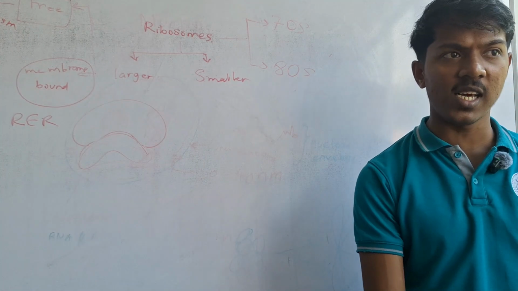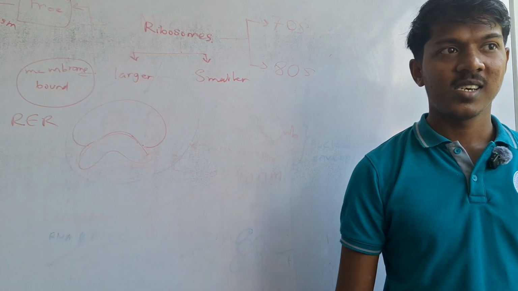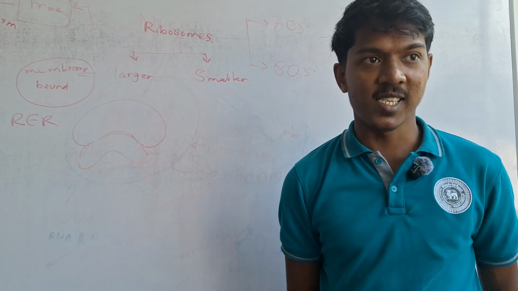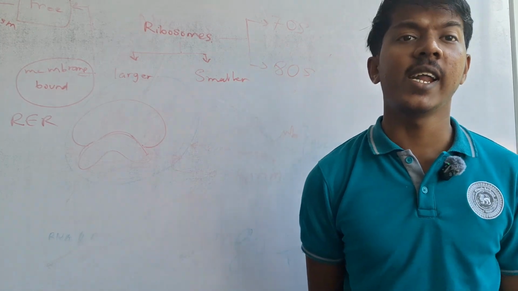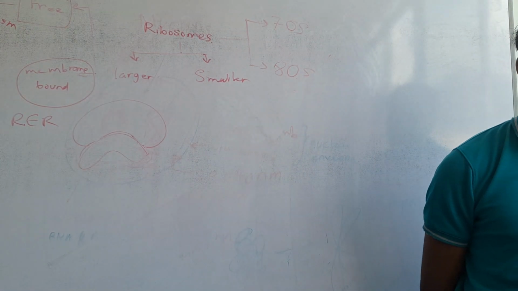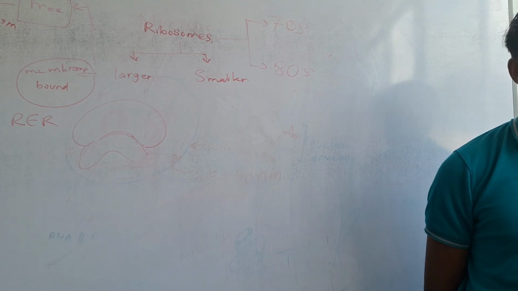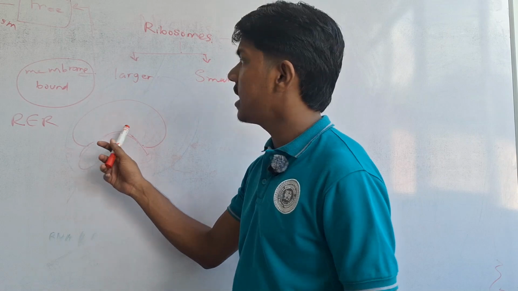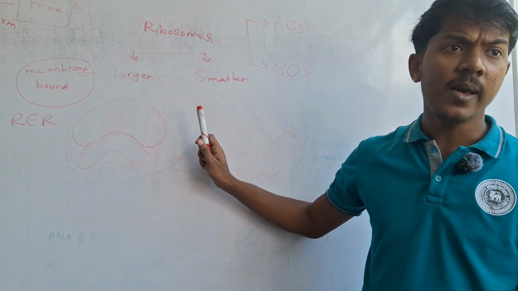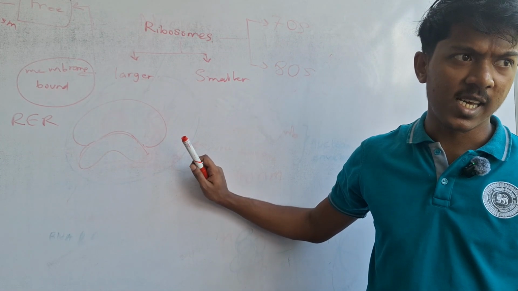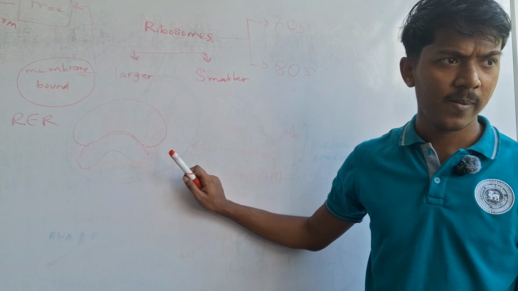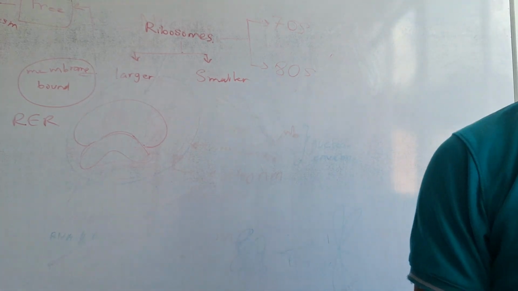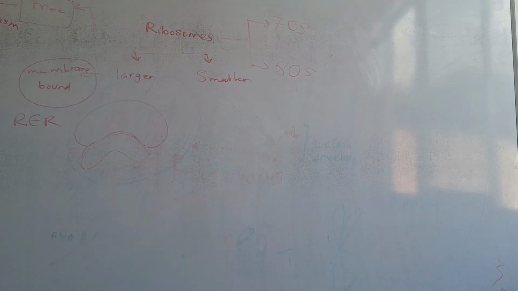What is the function of the nucleolus? It synthesizes RNA and ribosomal subunits for protein synthesis. So ribosomal subunits are made by the nucleolus. Clear, Mahdi? Okay.